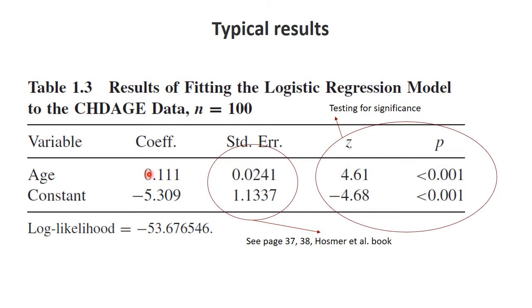Just like in least squares, we can also calculate standard errors. As you know, in least squares, under the Gaussian distribution, we can calculate the standard errors of the regression coefficients. This can also be done in maximum likelihood. Again, it has to be done numerically, and it has something to do with the derivative or the Hessian of the likelihood function, which is also called the information matrix.